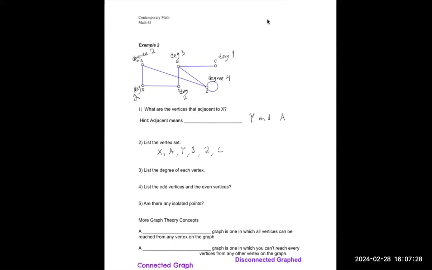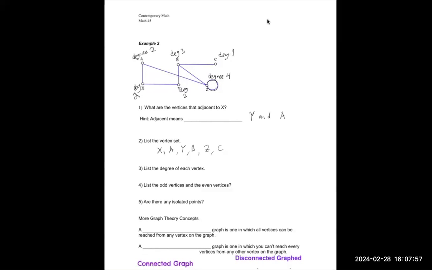You have to note, because it's a little bit confusing, that this loop around Z contributes 2, not 1, to the degree of vertex Z. So just note that. But anyway, we saw all of the degrees.